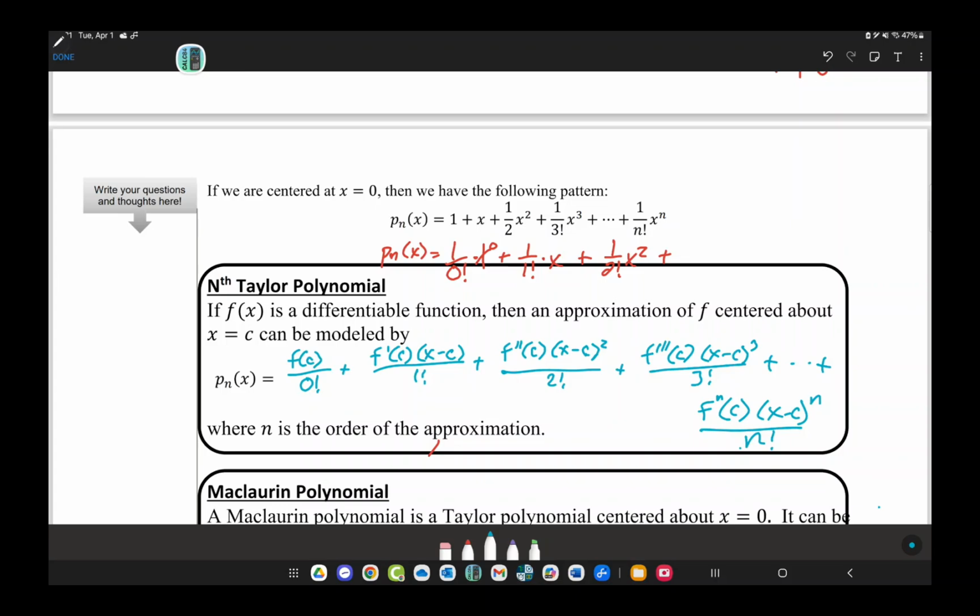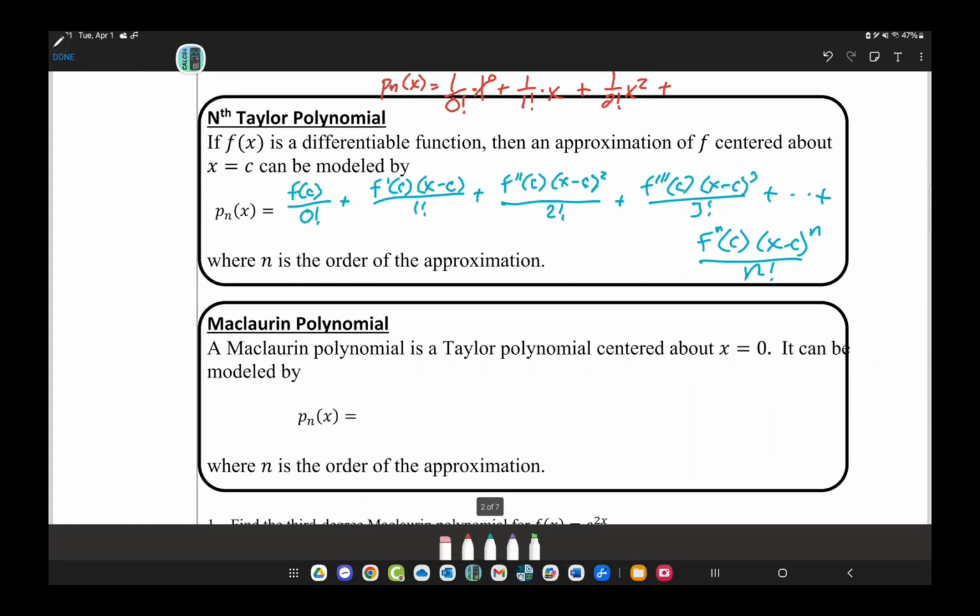Now we look at the Maclaurin polynomial, and it is a Taylor polynomial. The specific thing about a Maclaurin polynomial is that c is 0. So how would that create a different function? Well, if c is 0, do we need the minus c's?